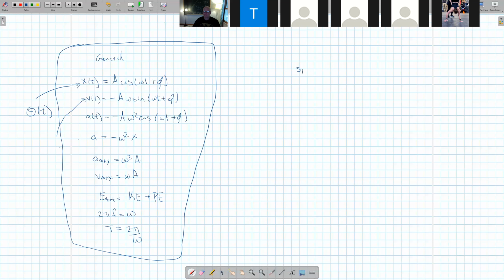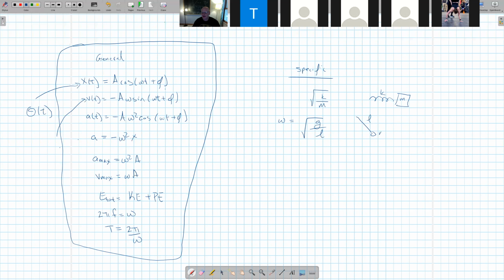And specifically, the only thing we need to know then is what is omega. And omega, as far as we know now, is one of three things. It's either going to be the square root of k over m, and that's if we're dealing with a simple spring-mass system, one spring attached to one mass, or the square root of g over l, and that's our simple pendulum.